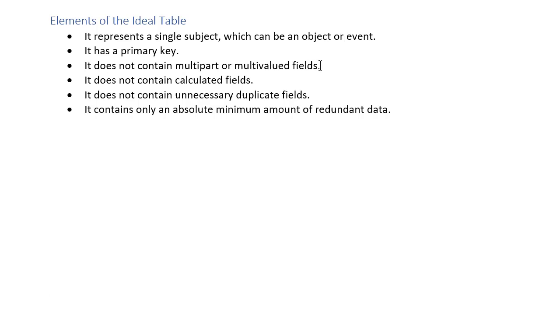A multi-part or multi-valued field would be something like, let's say I was keeping track of instructors and I wanted to know what classes they were teaching. Under the field class, I might have all of their classes separated by a comma.